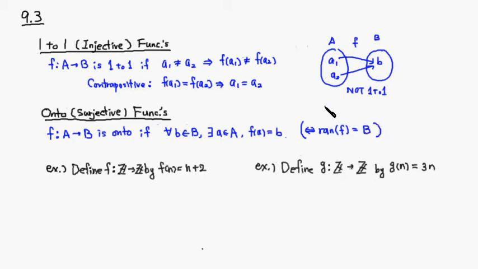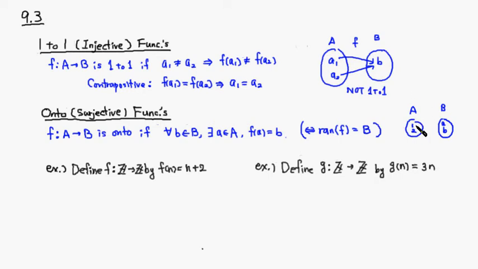All right, so that's the definition, which means that every single element in B has to have an arrow coming in. So if you look at the picture, here's A. Let's say you have 1 and 2, and B might have elements A and B, right?